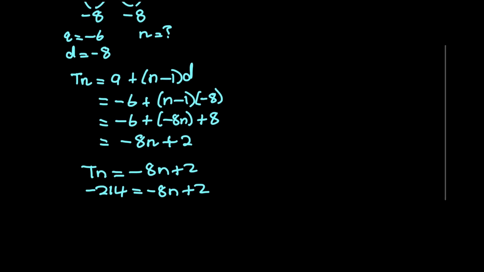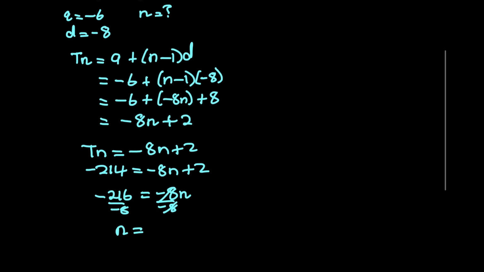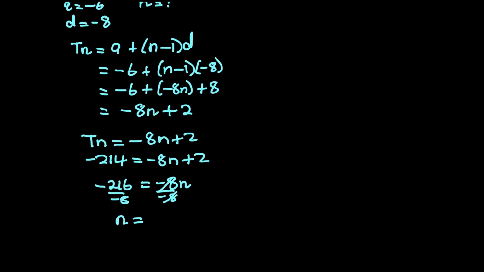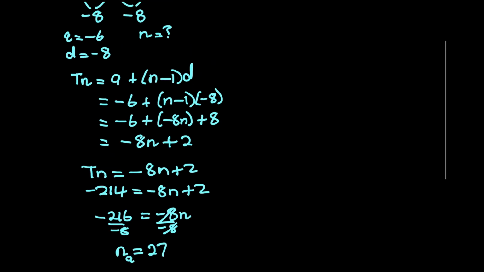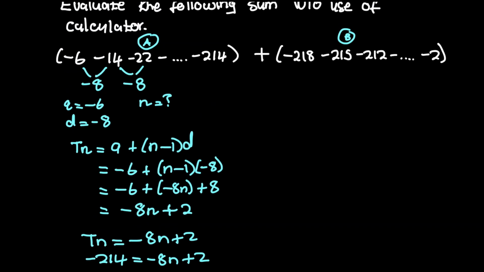Then you transpose the 2, which gives negative 216 equals negative 8n. If you divide by negative 8 on both sides, we get our number of terms, which equals 27. That's the number of terms of the first sequence.